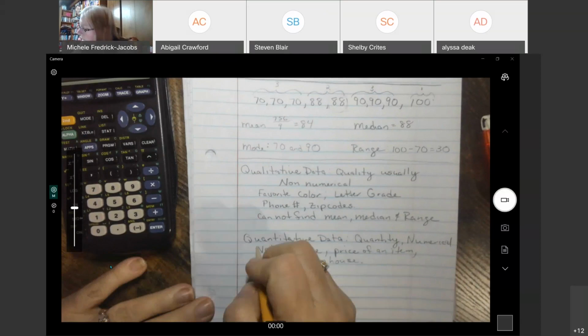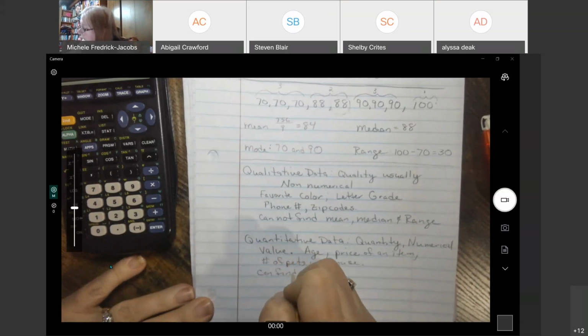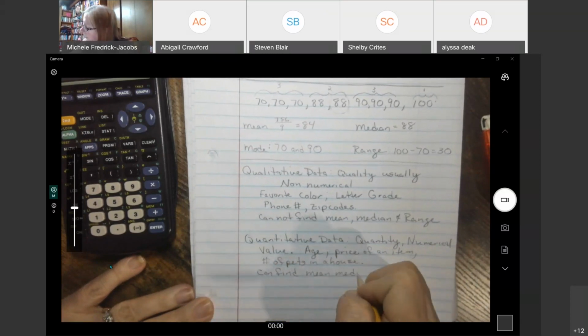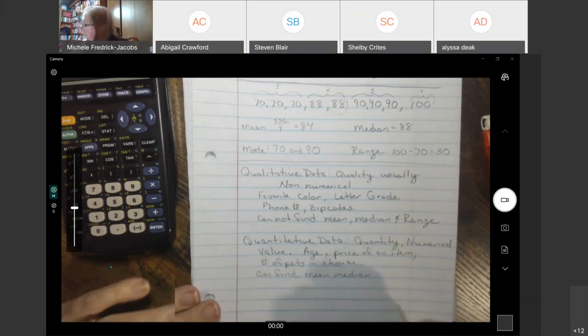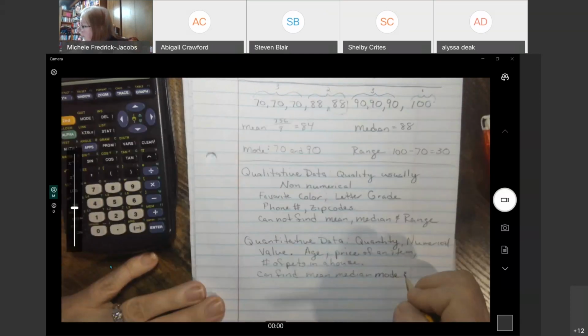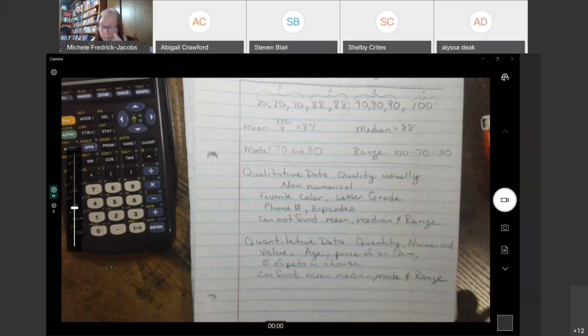Because it's a number, you can find mean, median, mode, and range. You can find all four. Any questions so far?